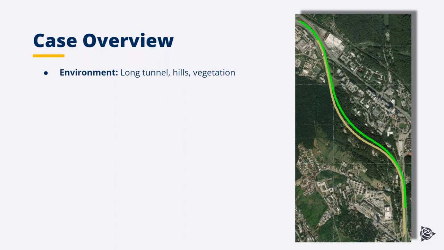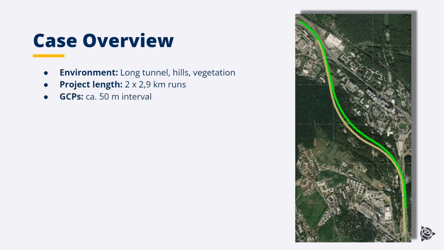There are a lot of hills around this area and a lot of vegetation, so already from that perspective it's a difficult environment for mobile mapping. The length of the run here is roughly 3 kilometers. The tunnel itself is not 3 kilometers, I think it's something like 1.5 or 2 kilometers, but still a bit longer than usual.